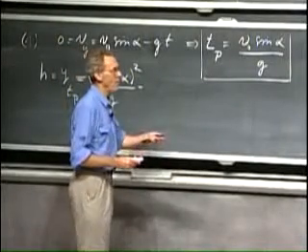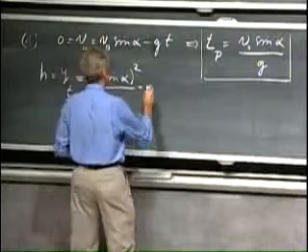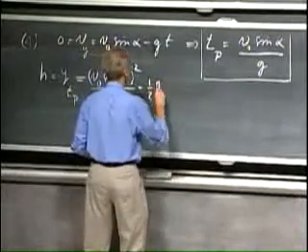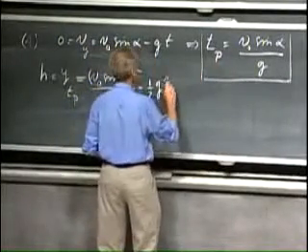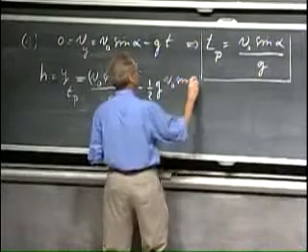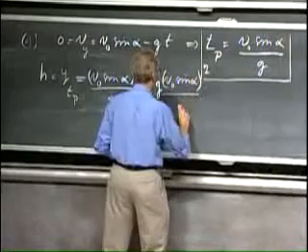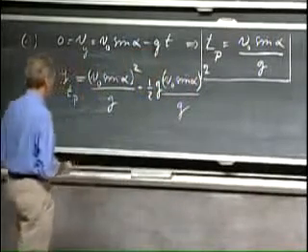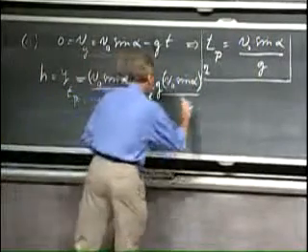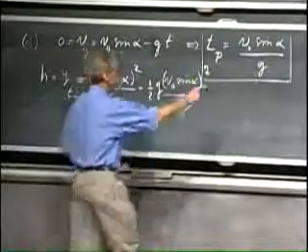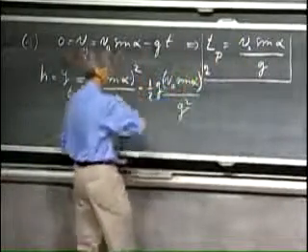This equation, minus half gt squared, minus 1/2 g times this one squared, which is v0 sine alpha squared divided by g, divided by g squared. Because there's a g here, you see. So you square the whole thing, it is t squared.